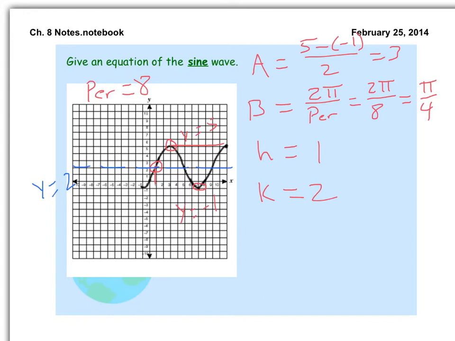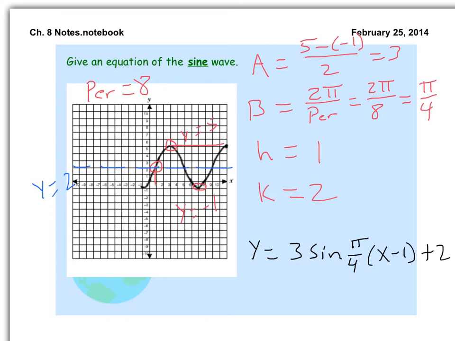Because if that hadn't been shifted, that would be right at y equals 0. Okay? Put it all together. We've got y equals 3 sine of pi over 4 times (x minus 1) plus 2. We came up with the equation from the graph.